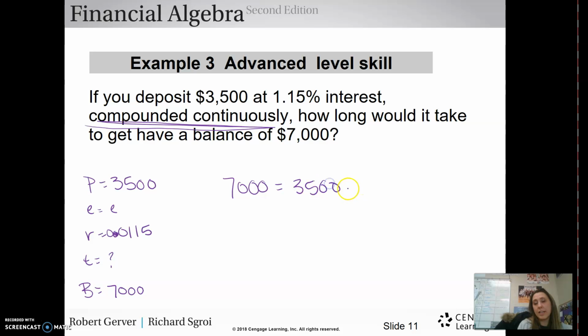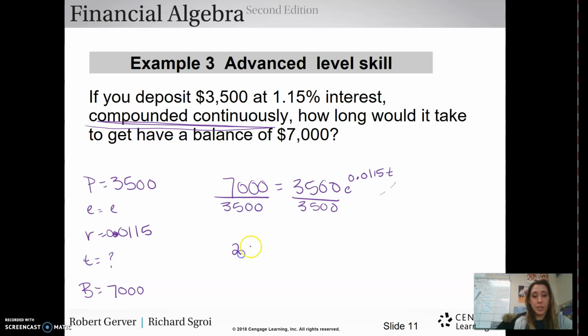So I'm going to set this up. Now this should look like solving for time the same way it did for compound interest. What we're going to do first is get that all by itself, so we're going to divide by 3,500.